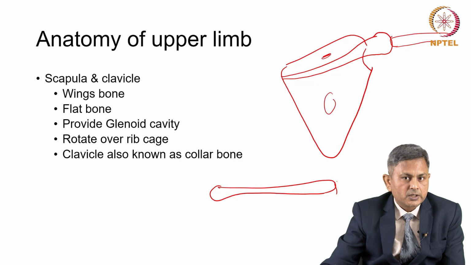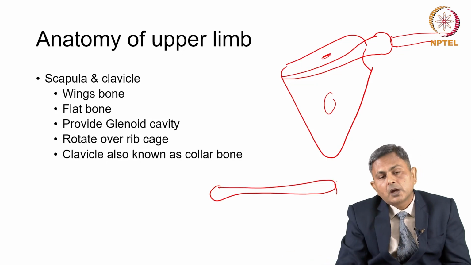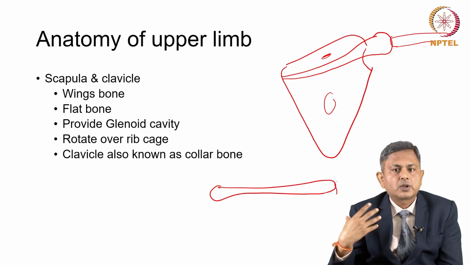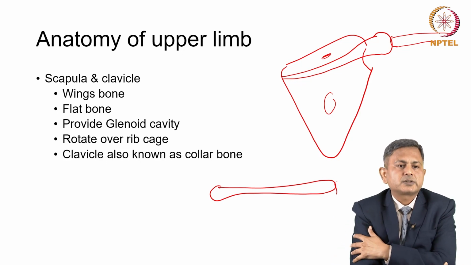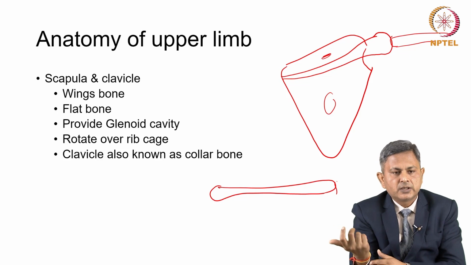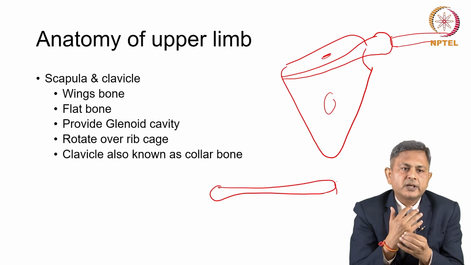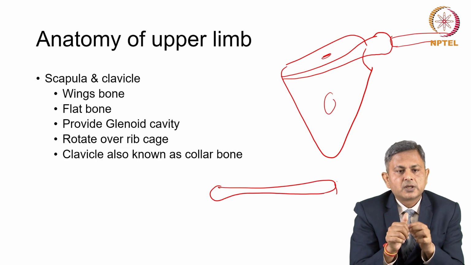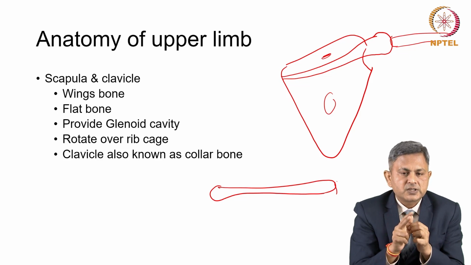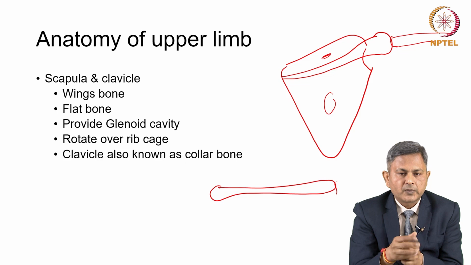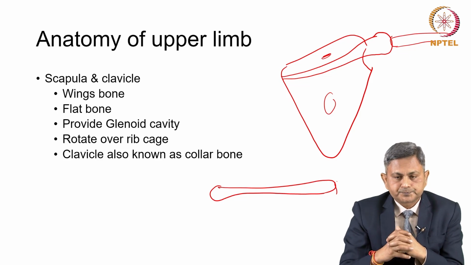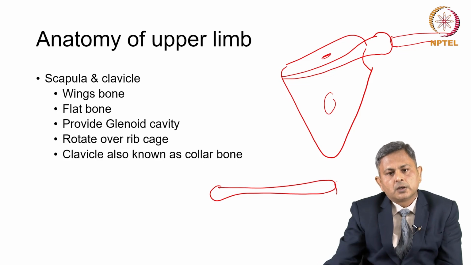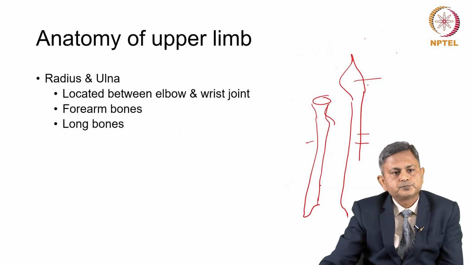So we learned scapula, clavicle, that is the collarbone, then the arm, humerus, radius, ulna, carpal bones, metacarpal bones, and phalanges. The thumb has only two phalanges and a metacarpal bone. And the humerus is a long bone of the arm.